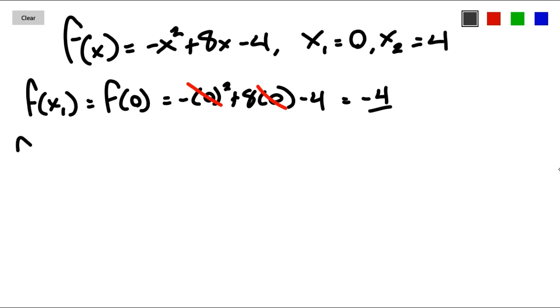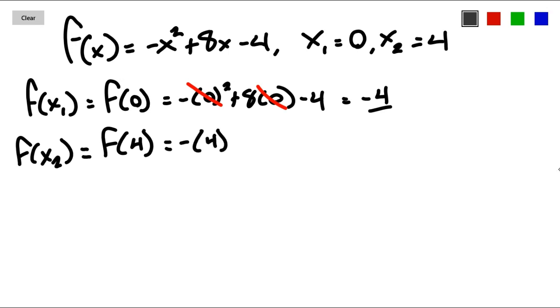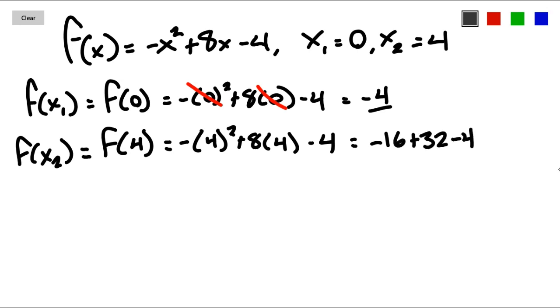And for f of x2, it's the same idea, but since x2 is equal to 4, I'm doing f of 4, so I plug in 4 for the x value. I'll have negative 4 squared plus 8 times 4 minus 4. This is going to give me minus 16 plus 32 minus 4, which just gives me a 12.